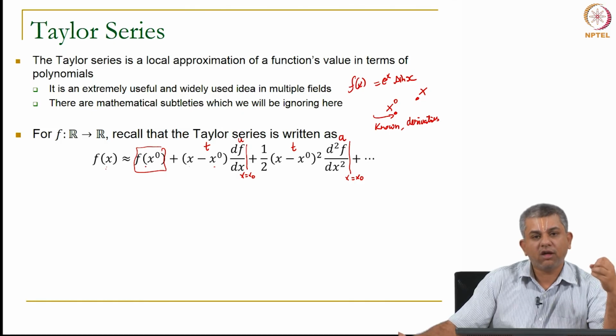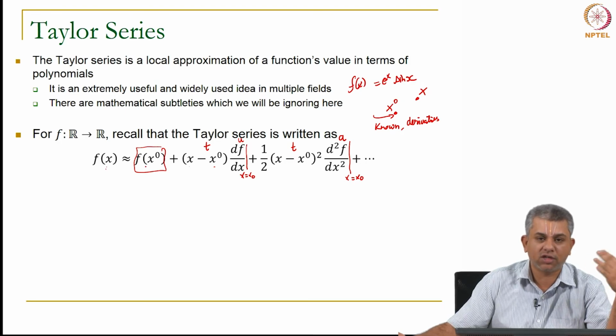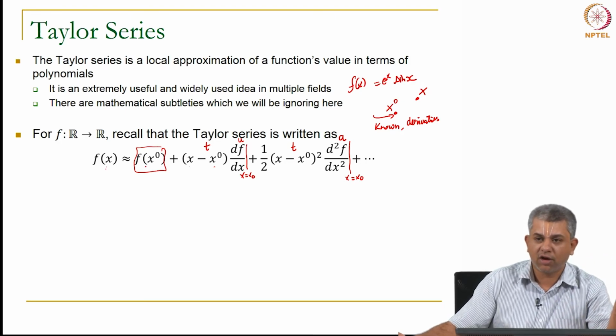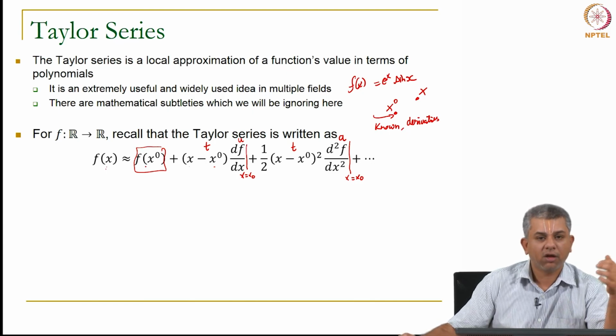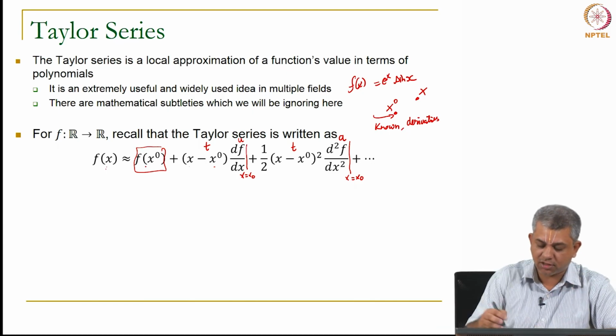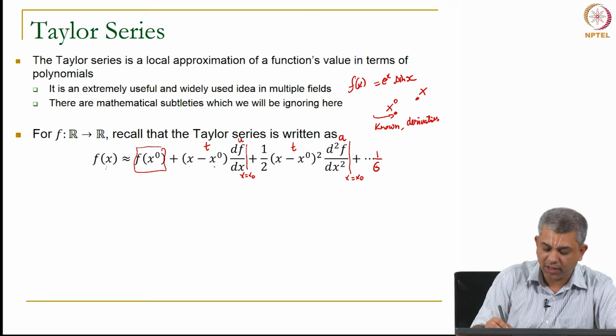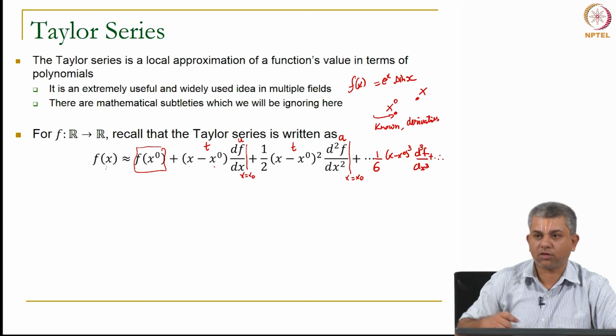So, if only u and a exist, then S's expression would be what I told you, but if you have u, a and what is called the jerk, which is the third derivative of this distance with respect to time, then you would have that plus 1 by 6 x minus x naught cube d cube f dx cube, so on and so forth.